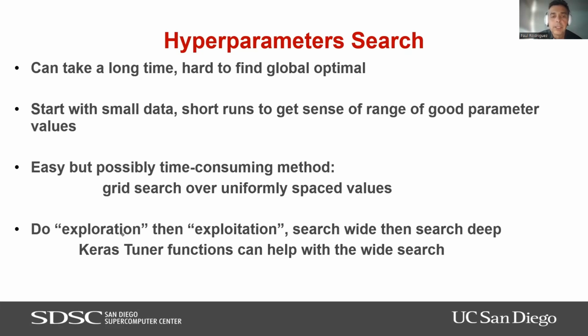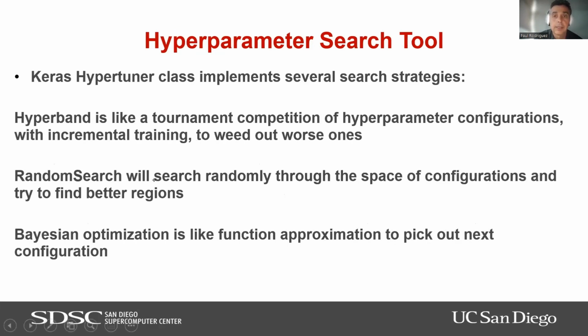And again, exploration and exploitation, which is like a wide search and then a deep search. There are some Keras Tuner functions that can help you do the search. So that's what I'm going to do in the next exercise. There's a hyperparameter search tool, and it's called Keras Tuner.